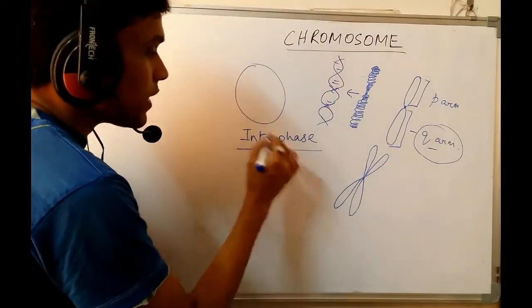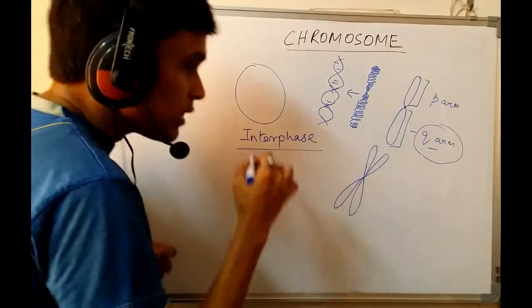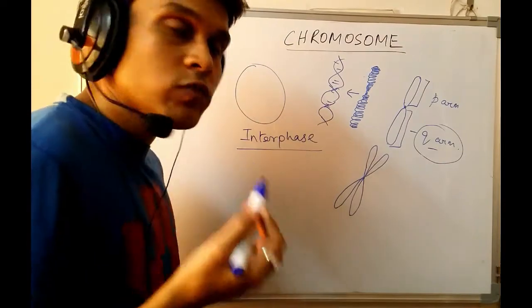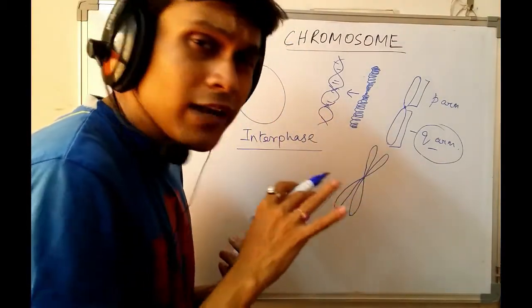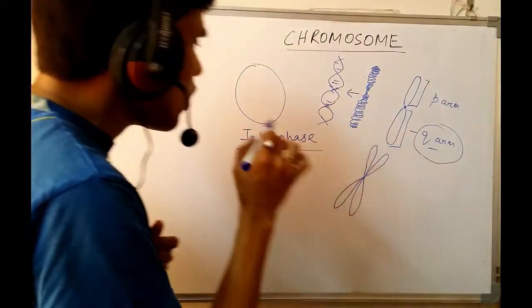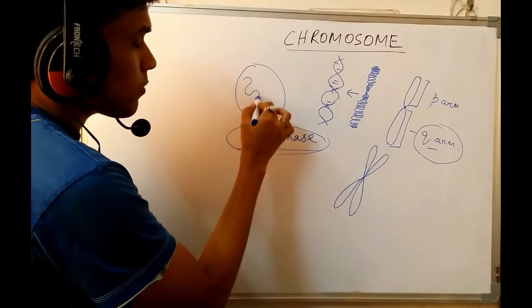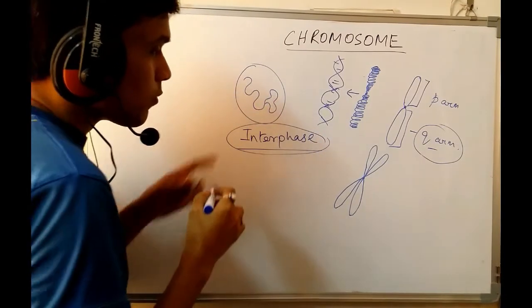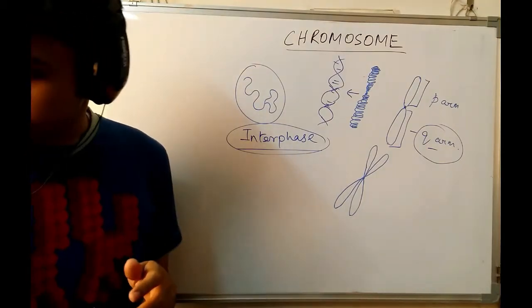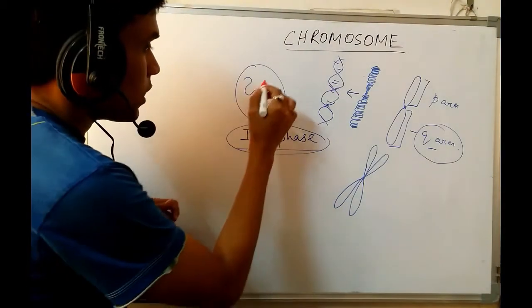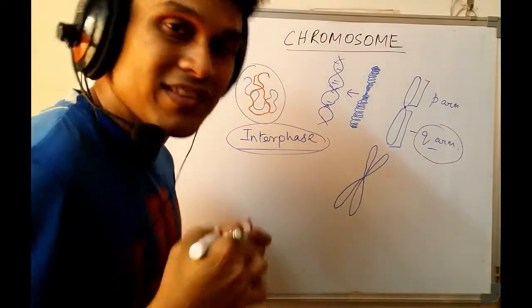If you look at interphase chromosomes, you cannot distinguish which one is chromosome 1 and which one is chromosome 2, because during interphase the chromosome structures look something like this. Suppose this is chromosome 1 and this one is chromosome 2. They are noodle-like or thread-like structures.